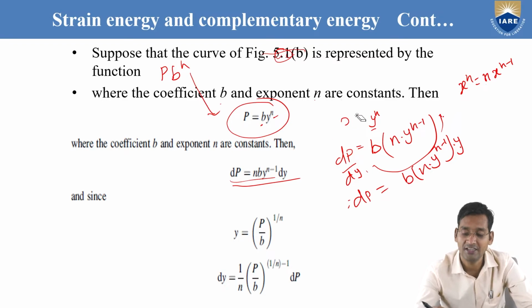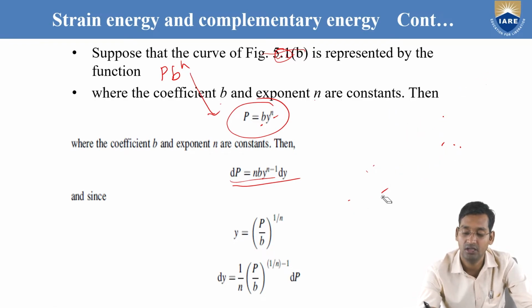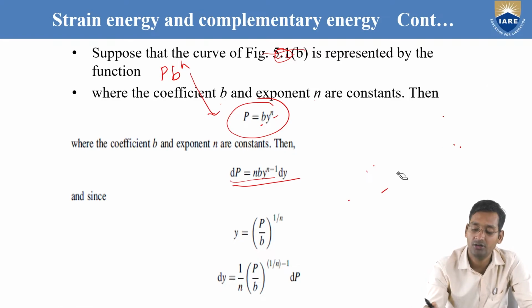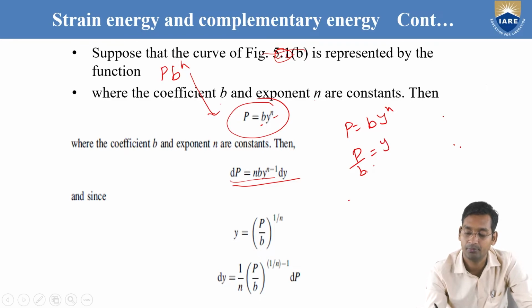Once we have dp, we can substitute in the previous slide's equation. Now we have to find dy so that we can replace it. We have p equals b y to the power n, so p by b equals y to the power n.